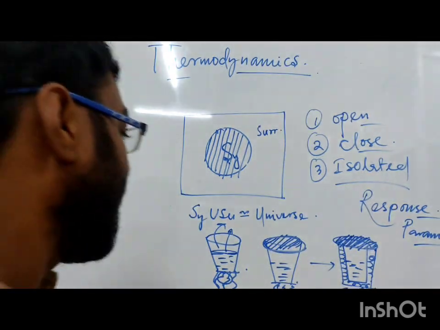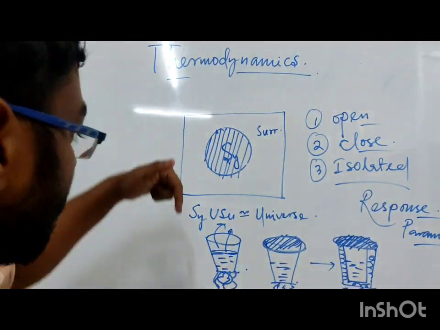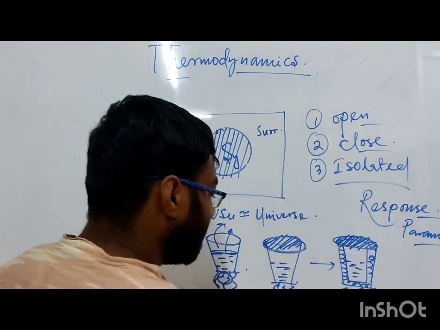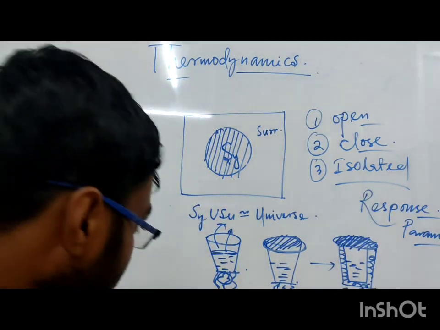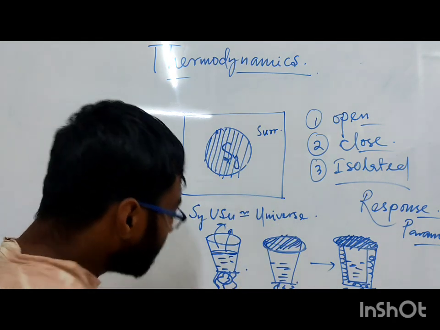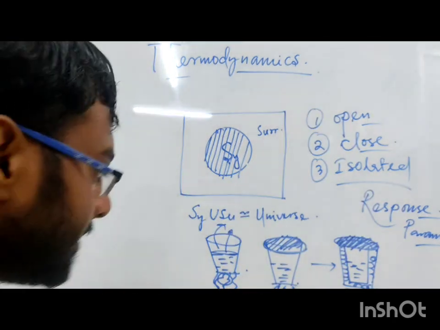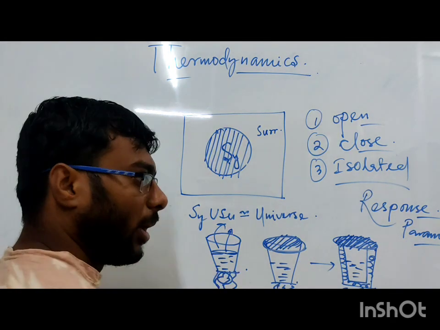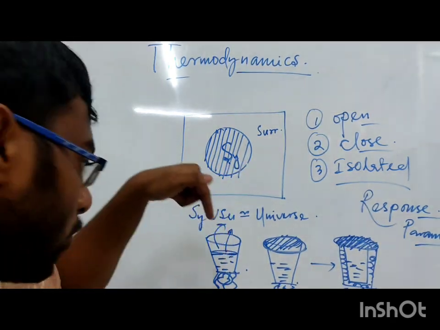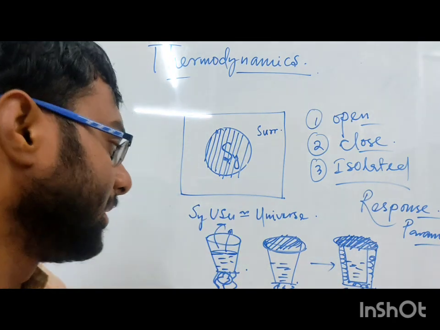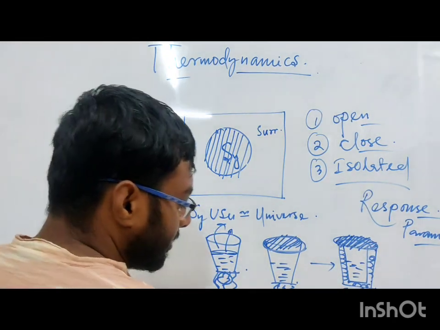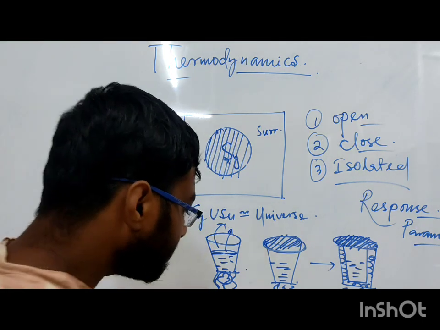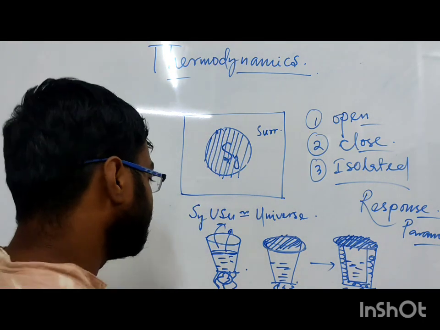Chemical potential is the energy required to put a single particle inside the system, or to take one single particle out from the system. The energy required for this process is called chemical potential, and we define this chemical potential like that.